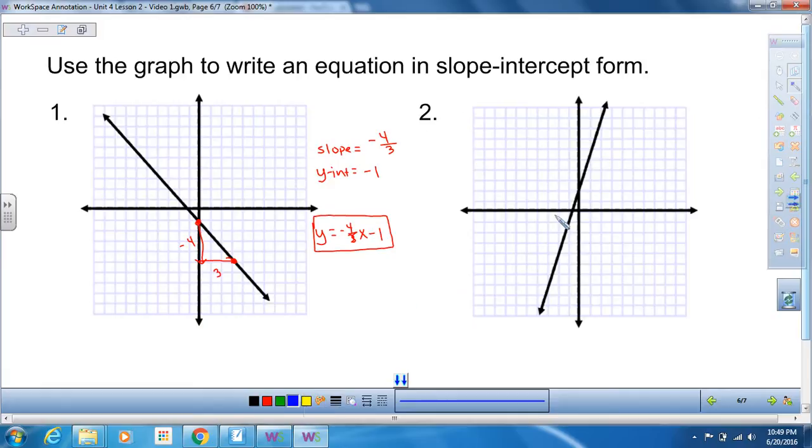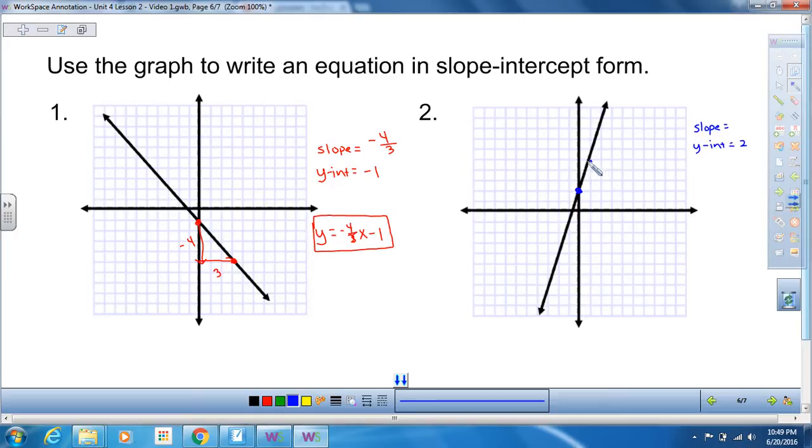Okay, so in the second one, now's a good time to pause and try to do it on your own. Alright, so my y-intercept is positive 2.